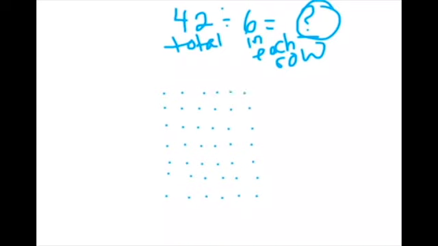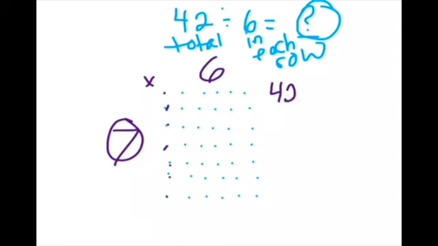Ooh, that's where I stop. Okay. Remember, I had 6 in each row. So what's this number that is missing right here? 1, 2, 3, 4, 5, 6, 7. So, oh, that's the missing number. 42 divided by 6 equals 7.